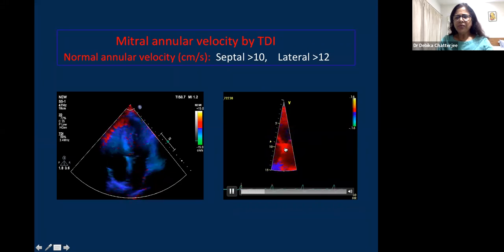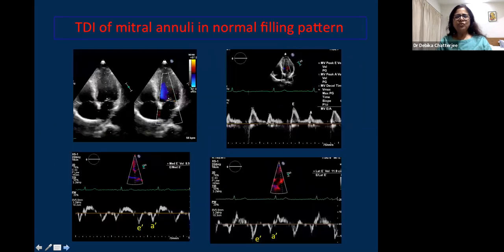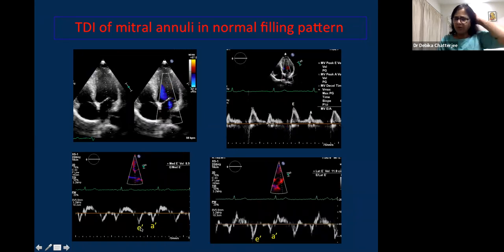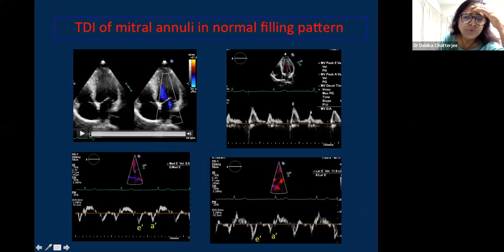This is the septal annulus. We place the sample volume cursor at the septal annulus and get the pulse wave Doppler. See, this is the way we do it. This is the normal patient. E was more than A, and look at the tissue Doppler imaging of the septal annulus. We know that the annulus moves during systole towards the apex, and during diastole it moves away from the apex.